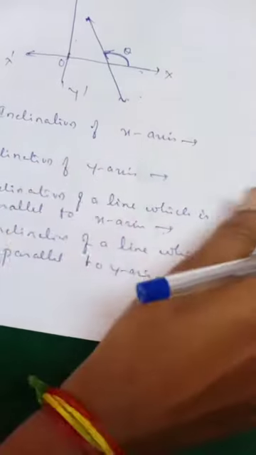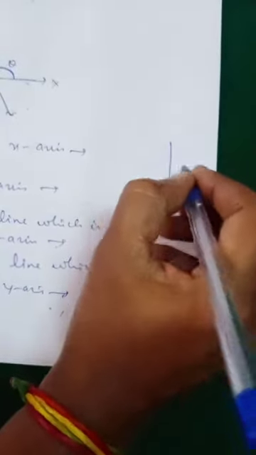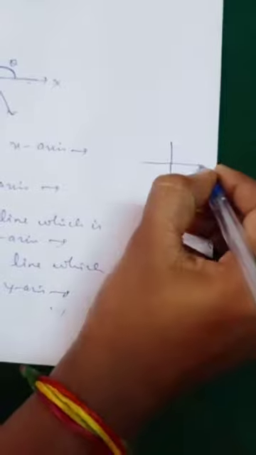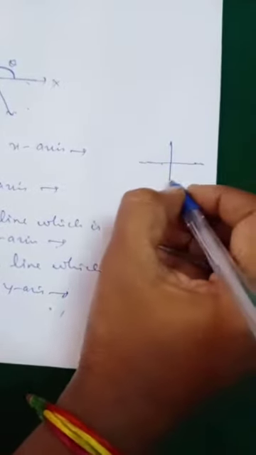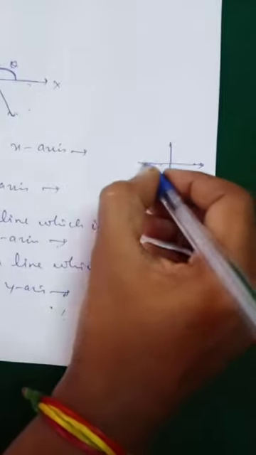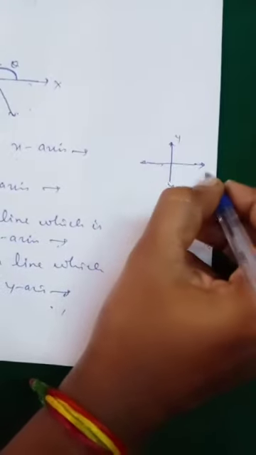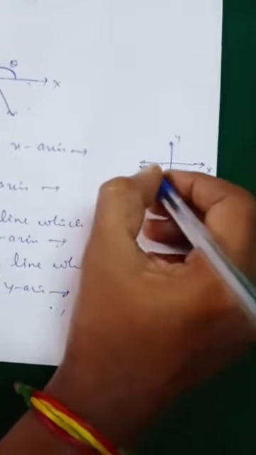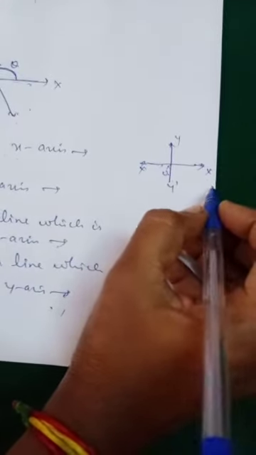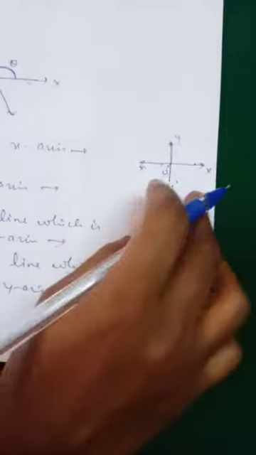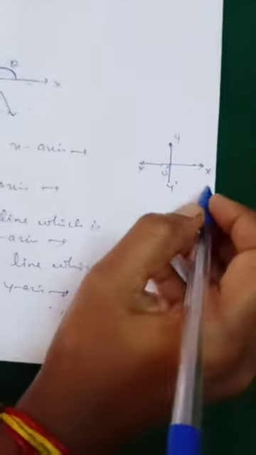So inclination of x-axis. This is x, these are the coordinates, x and y coordinates, x dash and O. What is the inclination here? You observe this figure.